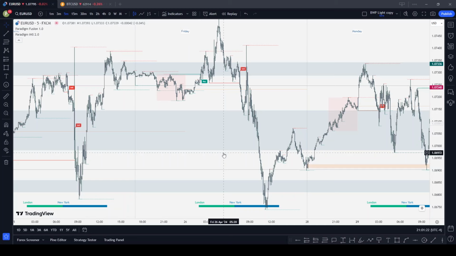There are ways you can know, based on the type of gap, if price is going to completely fill it, if price is going to reject from the consequent encroachments of the gap, or if price is going to reach for something else above or below the gap. I'll cover that in future videos.